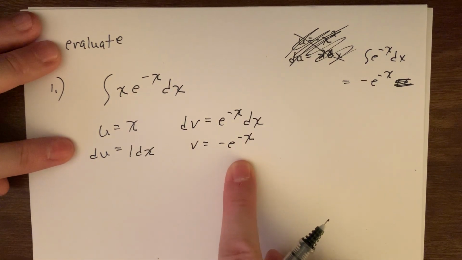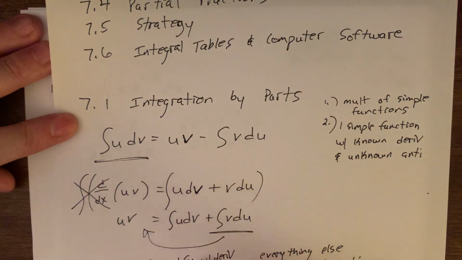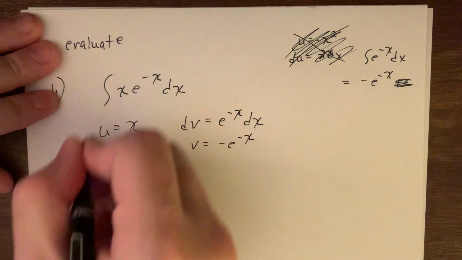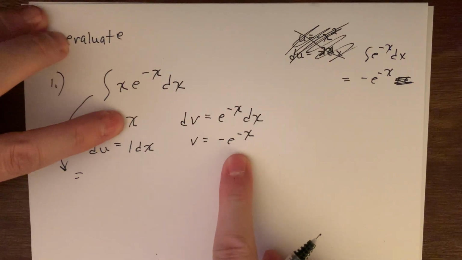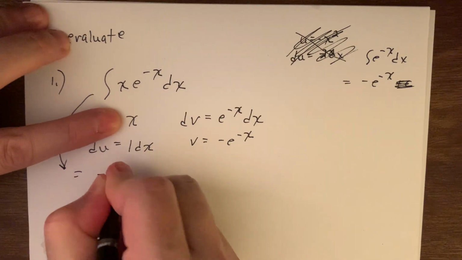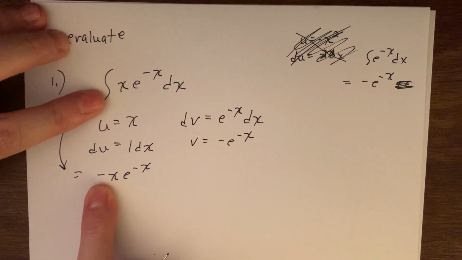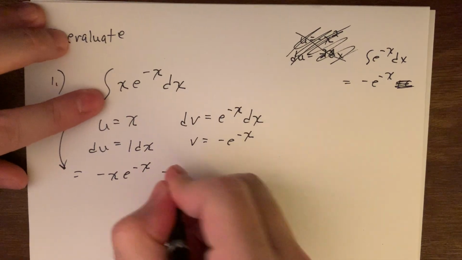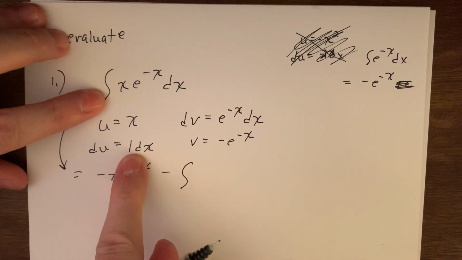And with that setup, remembering the formula, using the formula and now plugging in, this will now equal u times v. So x times negative e to the minus x. I'm just going to kick that negative to the front to make it a little cleaner. Minus the integral v times du.